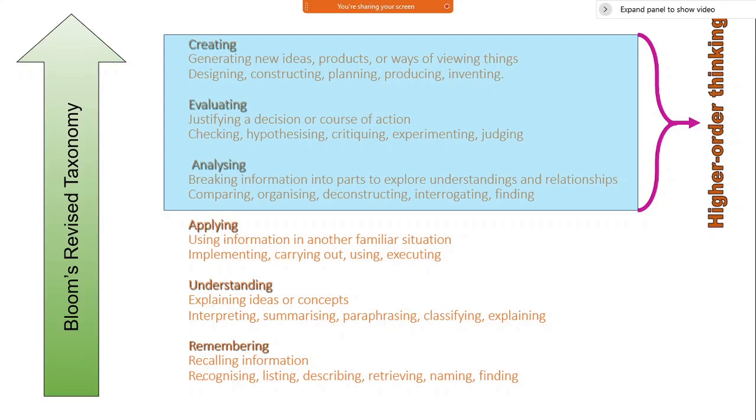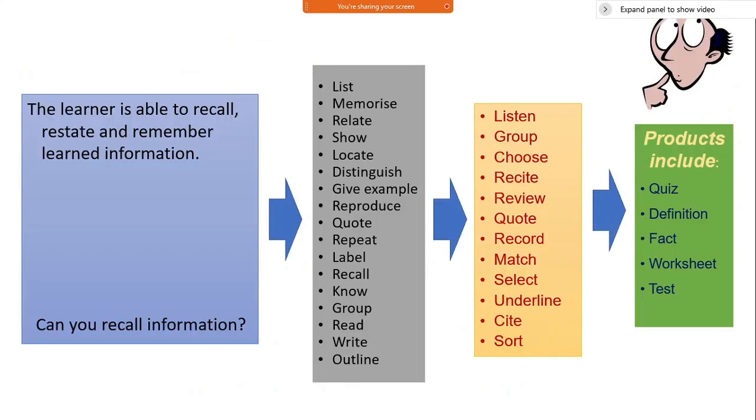Obviously we need to concentrate on all the basic levels also, but the student should have a creative attitude. They should be able to evaluate what they are going to do in experimentation, or do hypothesizing, criticizing. They should be able to analyze the situation, or the particular findings or phenomena.